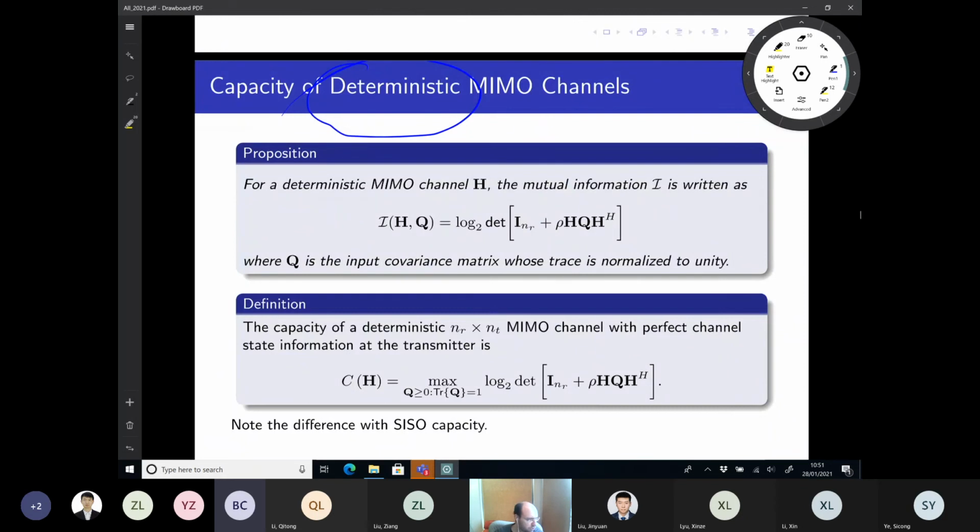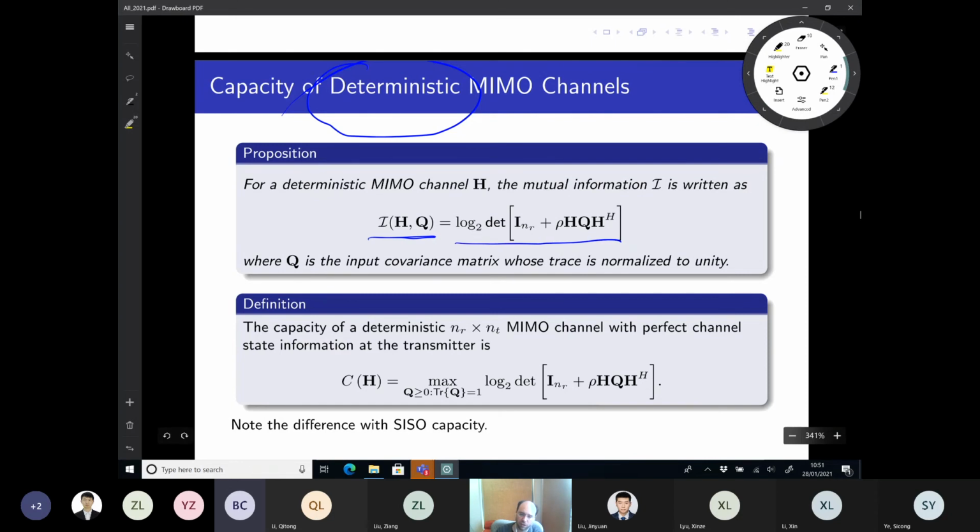Here I will not go into the information theoretic part, but if you're interested, this is explained in the book. You will see where this expression comes from, and you have more details exactly by relating the mutual information with the entropies, calculating the entropies of the source and the noise, and you will see exactly how you get this expression.